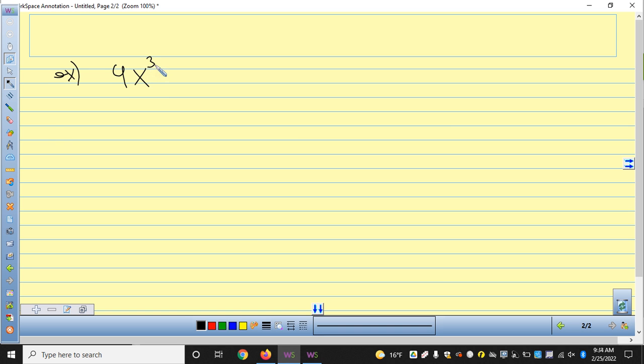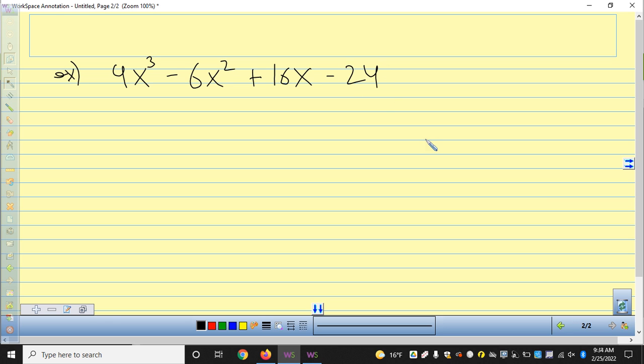Four x to the third minus 6x squared plus 16x minus 24. So our first step should always be check for a greatest common factor. Is there a number that goes into all of 4, 6, 16, and 24? 2 goes into all of 4, 6, 16, and 24.